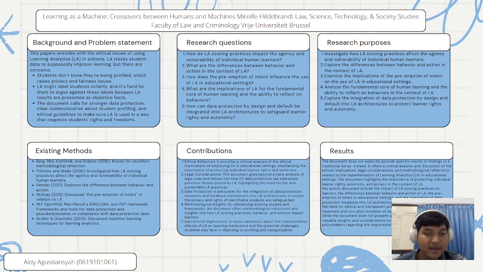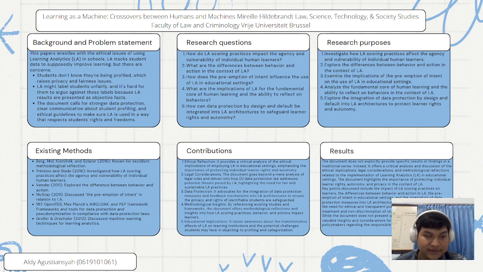MIT OpenPDS, Max Planck, AirClock, and PAP are frameworks and tools for data protection and pseudonymization in compliance with data protection laws.